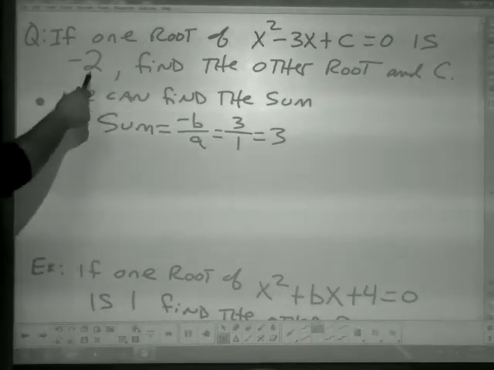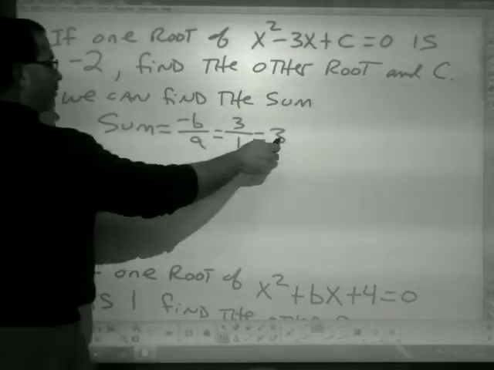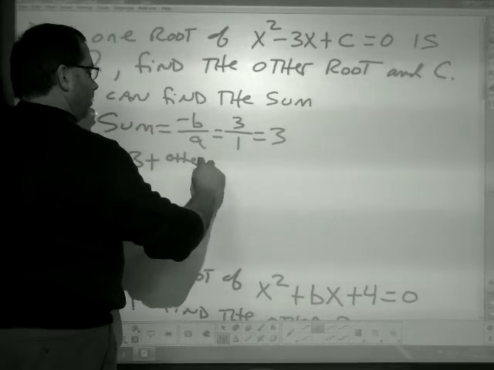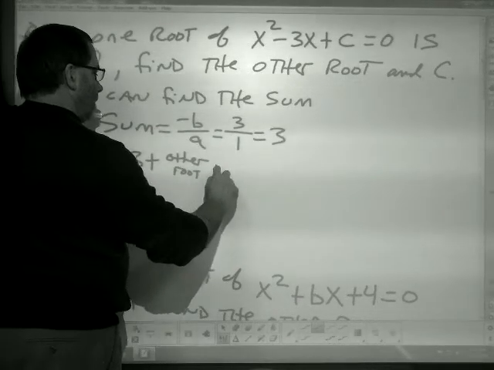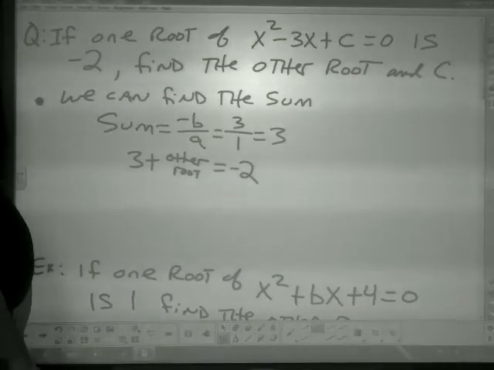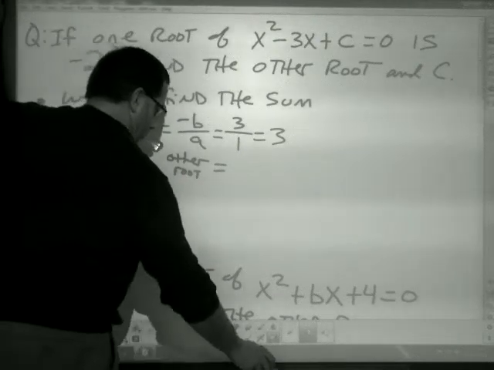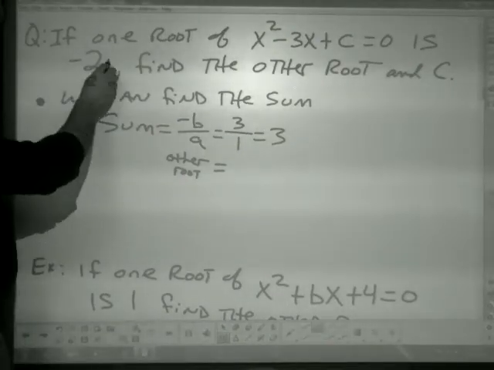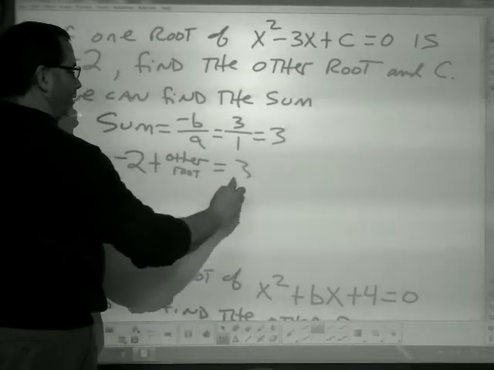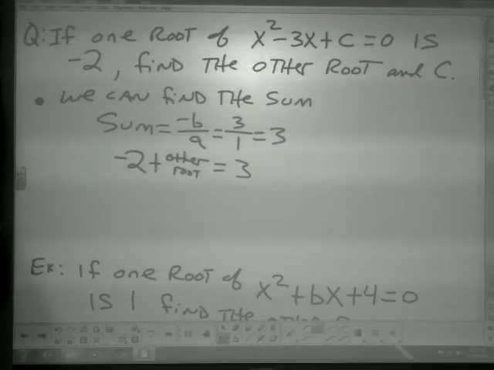Okay, they told me one of the roots is -2. So this root plus the other root has to be 3, because the sum equals 3.